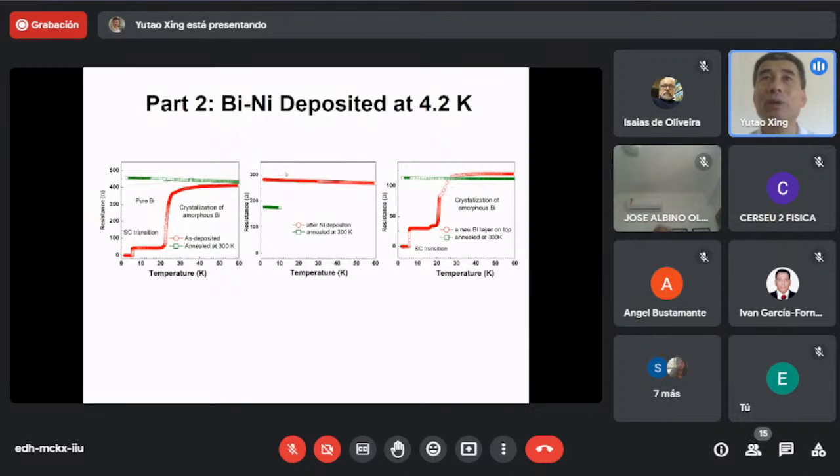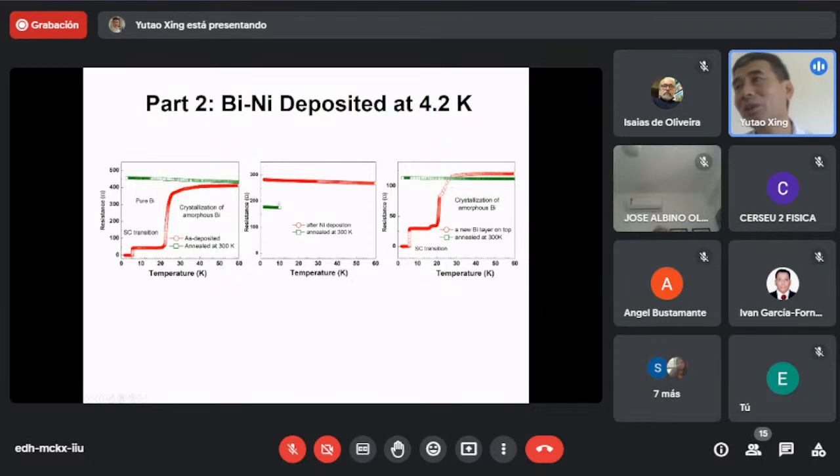But for sure, we have the interface of nickel and bismuth. Then after the in situ measurement, we cooled down the sample again to 4.2 Kelvin, because after annealing, the density of defects decreased and the resistance decreased, but still, there's no superconductivity here. It means the interface of nickel bismuth cannot induce superconductivity.